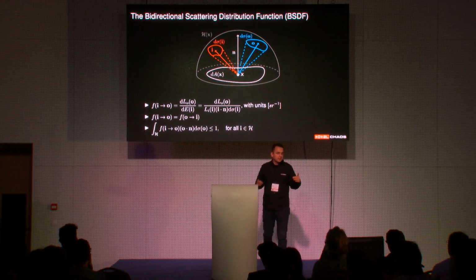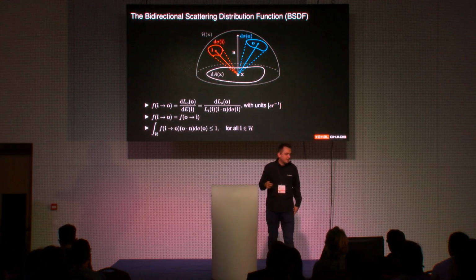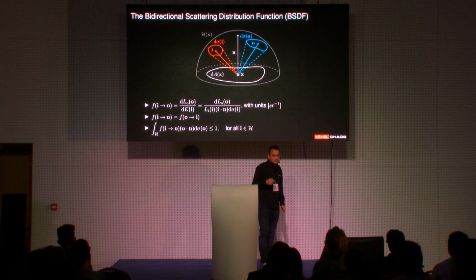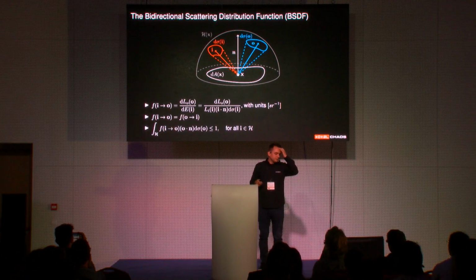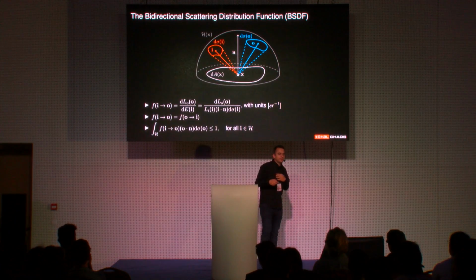This is the incoming light direction. And the direction O is the direction to which the light is reflected. So the BRDF is the ratio of the light that came along direction I, and was reflected exactly along direction O.